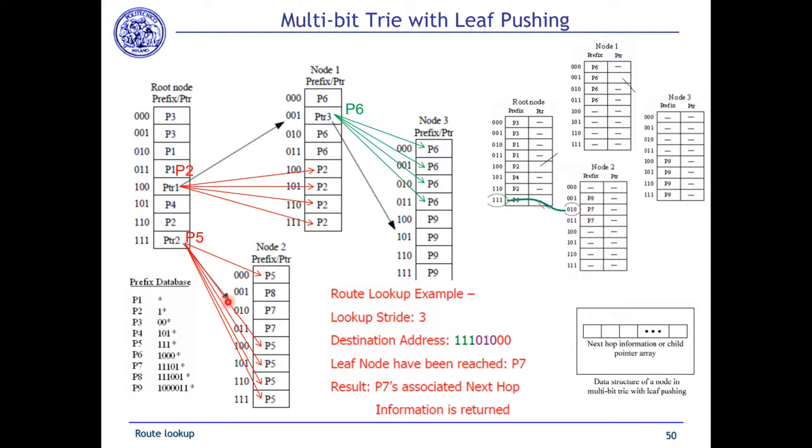You start looking at node number 2, 010, you find P7. Okay. So if you had, for example, 111 and then let's say 000, you went down here, you find P5, and then you find P5 in this position. Okay. Any questions?